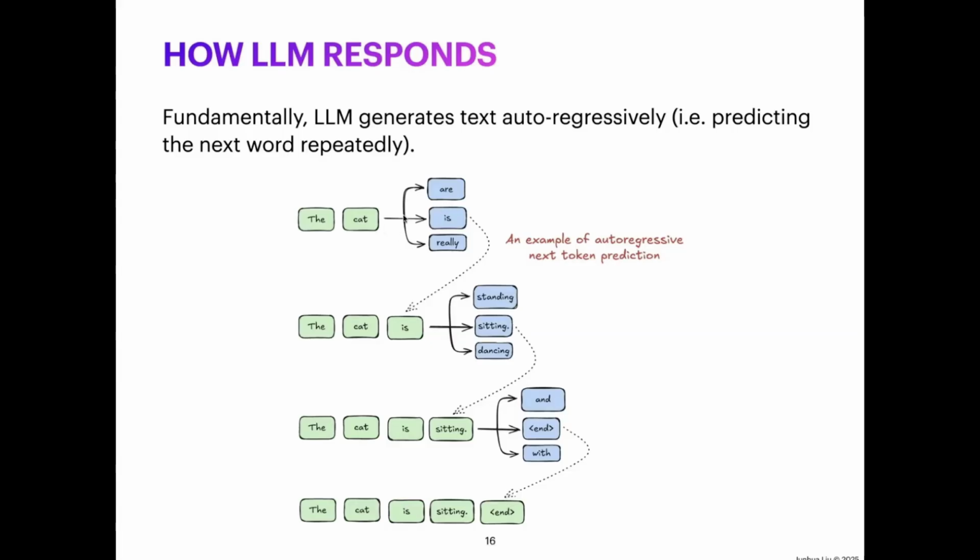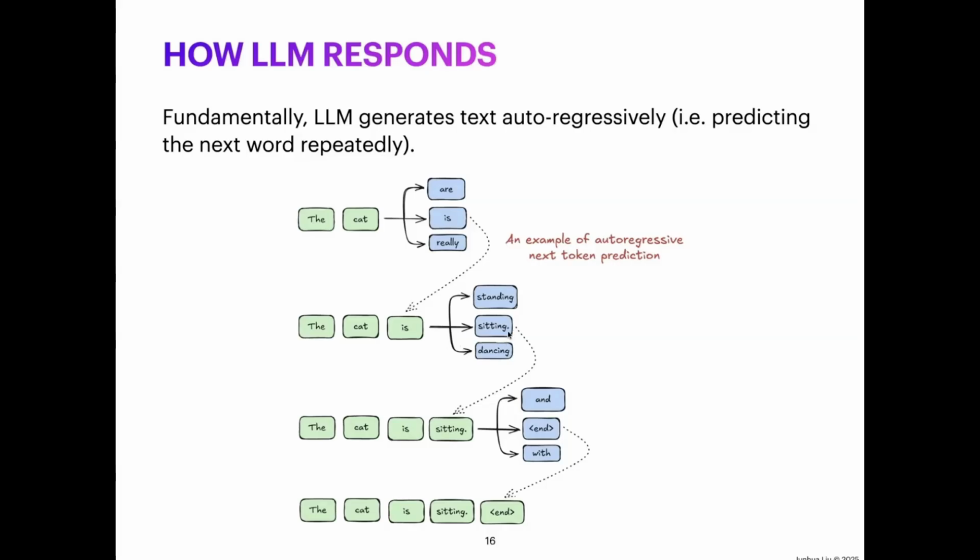So here, let's say the model picks "is", and the output of this step will join the inputs and go to the input of the next step. The next step, we will have "the cat is", which is the original input plus the first step output. And now we pass it into the function, the F or the model, and the model is going to generate the next most likely word, which is "sitting".